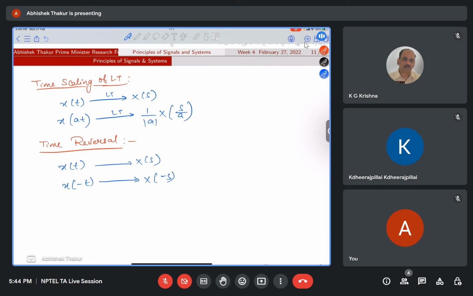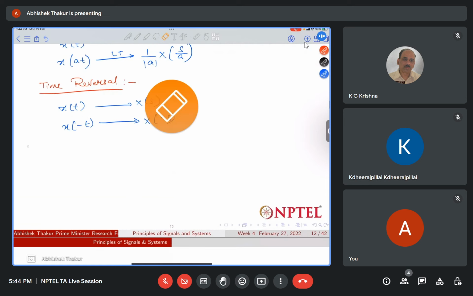So we'll solve one question: find the Laplace transform. This includes all these properties. u of minus 2t minus 1. So we have to find the Laplace transform of u(minus 2t minus 1).